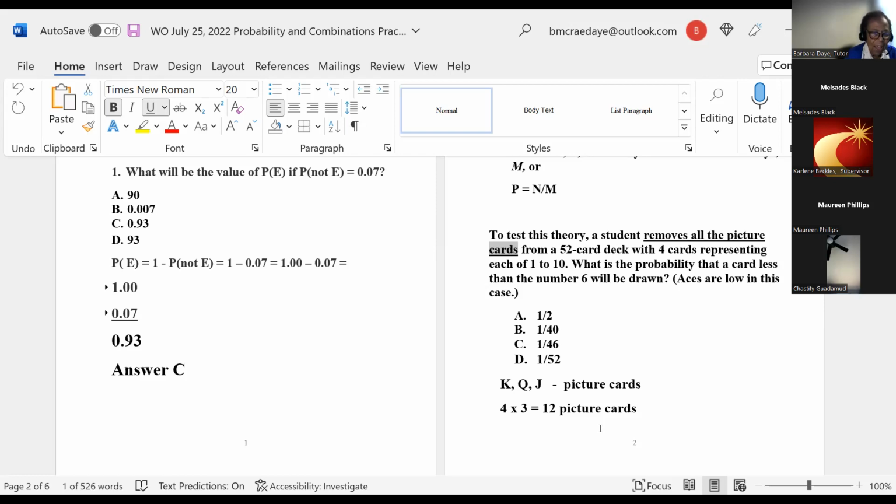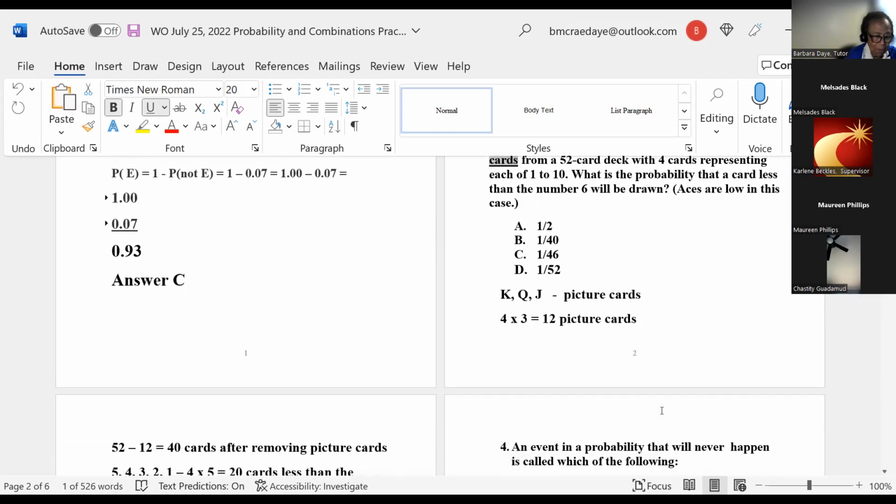Every set of hearts has king, queen, jack. That's where you got the 4 from. So there's 3 picture cards per suit, and we call clubs, spades, diamonds, hearts suits. So you understand the 12, Mercedes? You multiply the 3 by the 4 to get 12. That's right. Okay, Maureen, keep going.